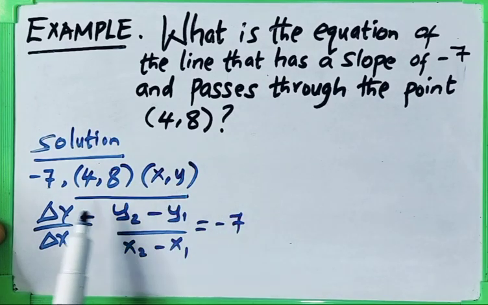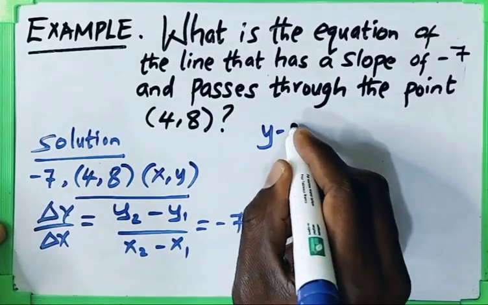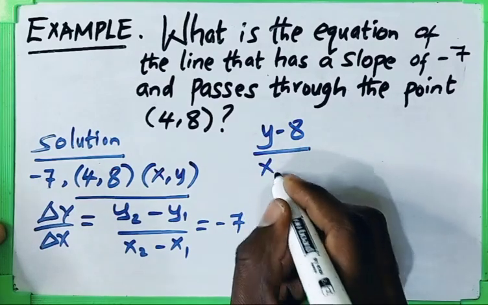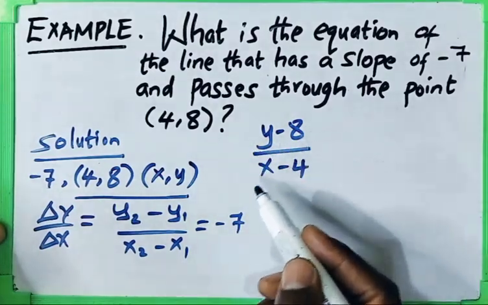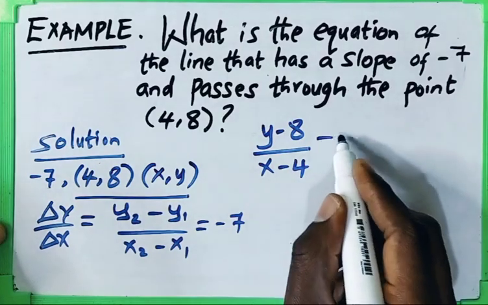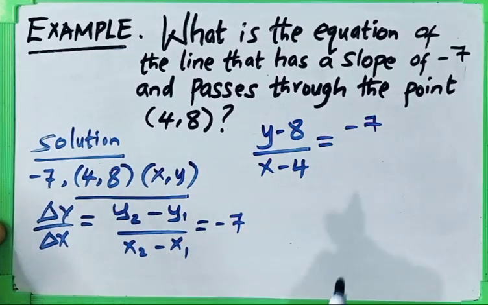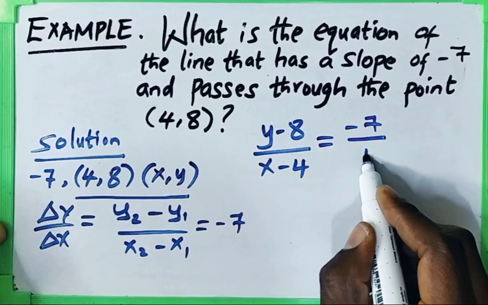So we shall have that formula written: y minus 8 over x minus 4, for the change in y and change in x, is equal to the slope, which is -7. Let us make a fraction out of -7. We can say -7 over 1.